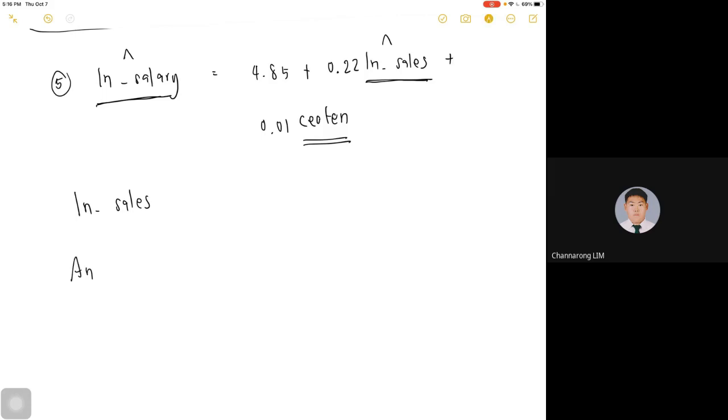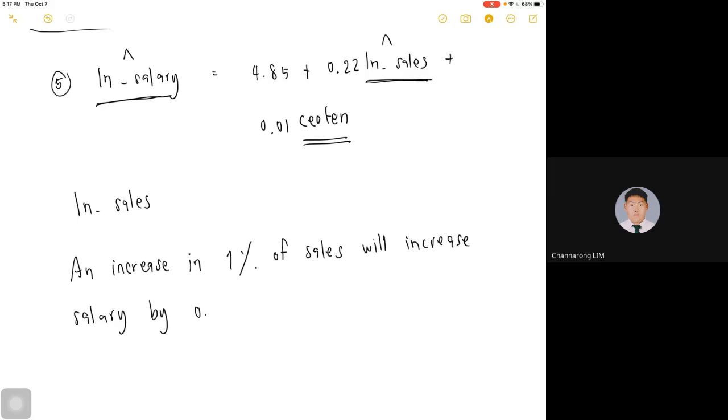It means that a 1% increase in sales will increase salary by 0.22%. This is the interpretation of the coefficient in front of log sales.